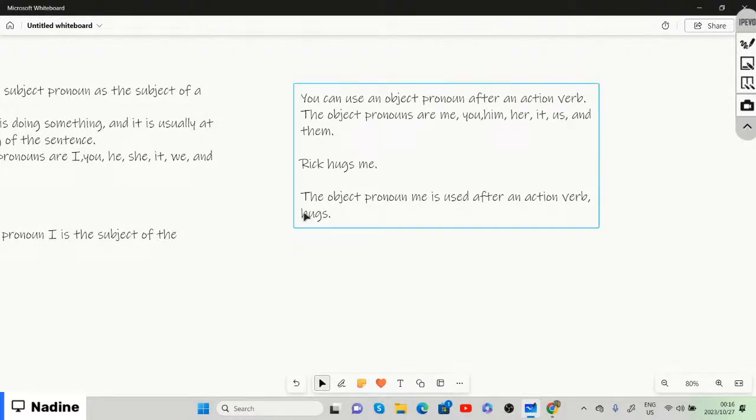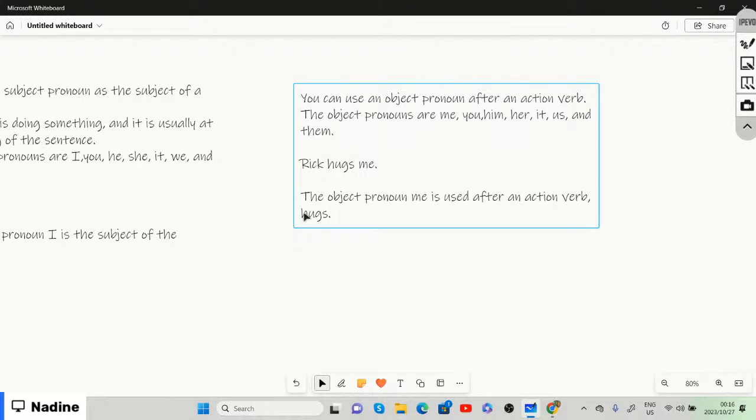So we can then use an object pronoun. We first made mention of a subject pronoun. Now we can also use an object pronoun after an action verb. And the object pronouns are me, you, him, her, it, us, and them.